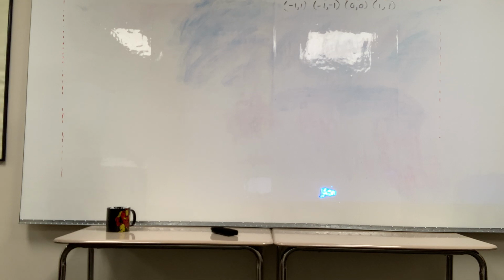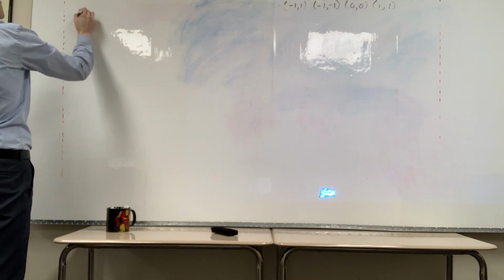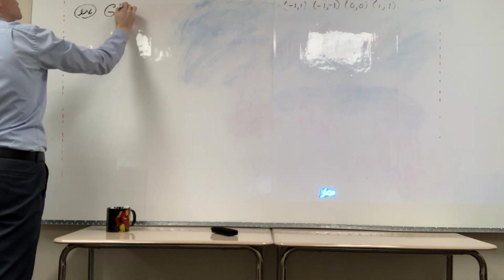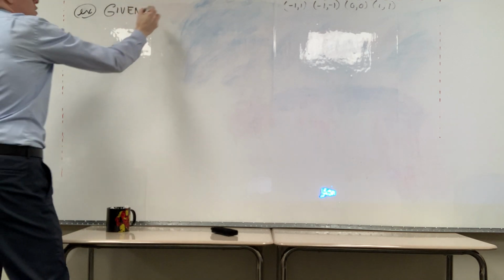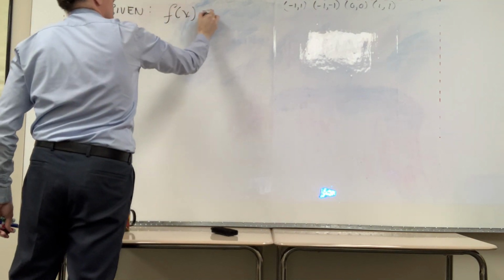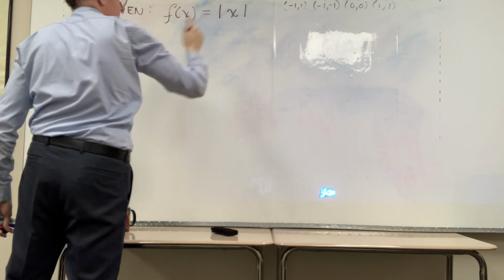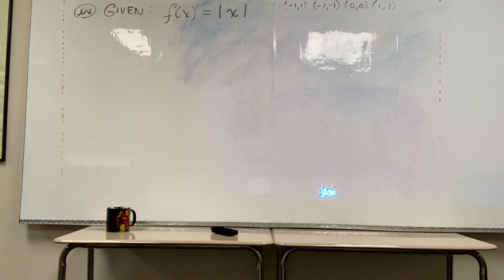Let's say that we are given this, and we're going to sketch a graph. Given the function f of x is equal to the absolute value of x, so that V shape.